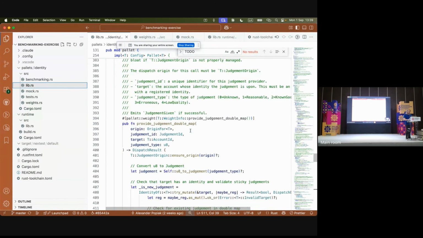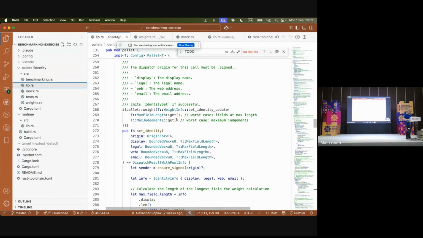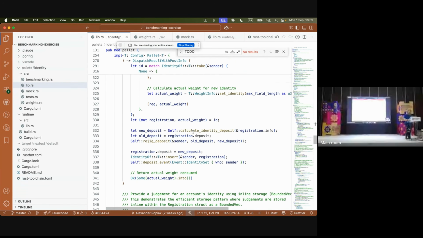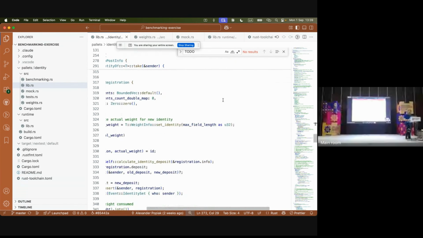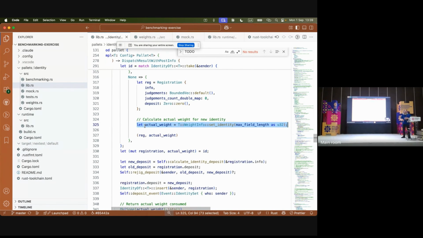You can see that we already have some benchmarks. So for example, for the set identity one, we have a benchmark already. And I think we even have actual weight there, yeah. We have the refund mechanism that we talked about. We have that already in the code as well.